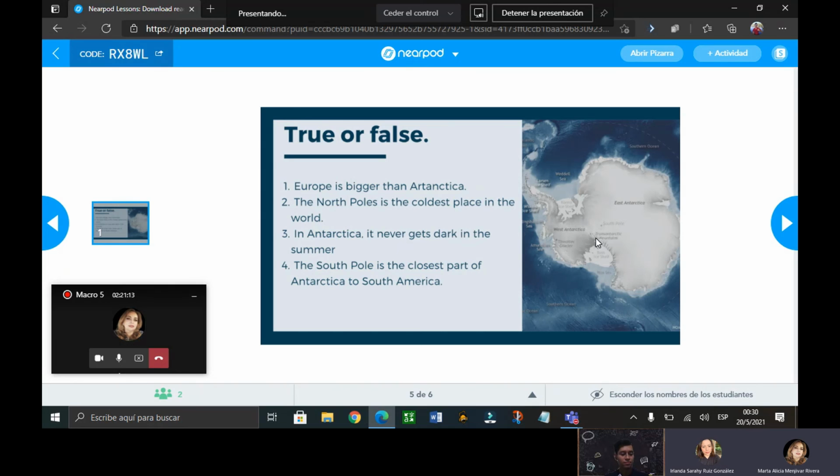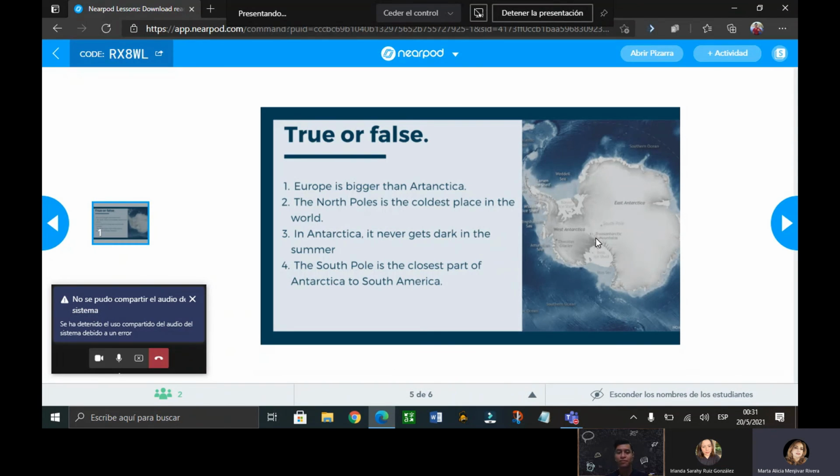I think that is true because for 3 months there are 24 hours of day. Yes, in the summer the sun shines for 24 hours a day. So it means it's true. Right, exactly. Do not get confused because it says never.